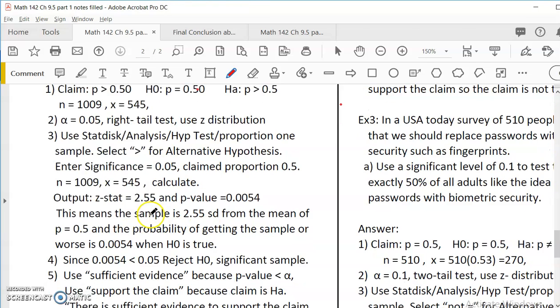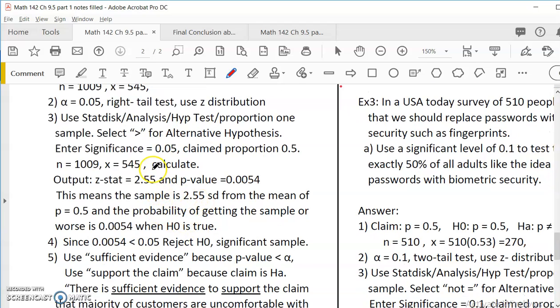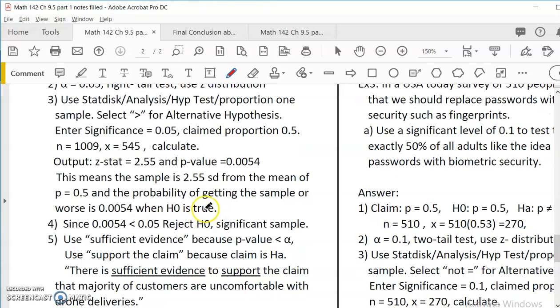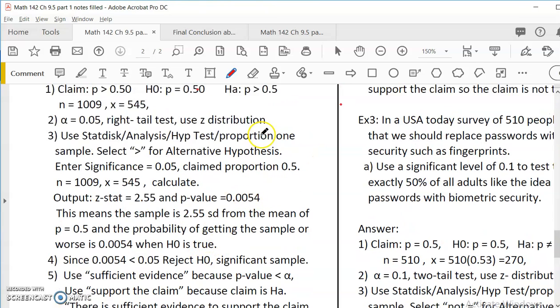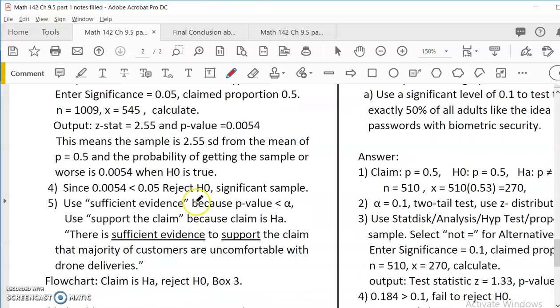Test statistic is 2.55. This means that your sample is 2.55 standard deviations from the mean of p equal to 0.5. And if p equal to 0.5 is true, this sample has a probability of happening at less than 1%. So obviously in step 4, you say this is a rare sample, so I should reject the null hypothesis, and you conclude that you have a significant sample.